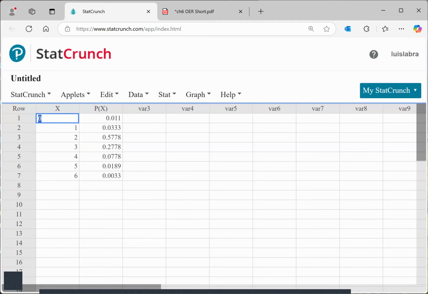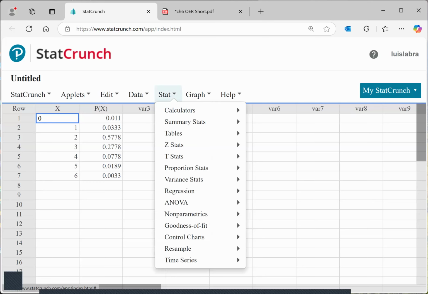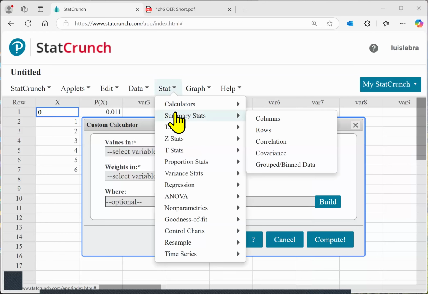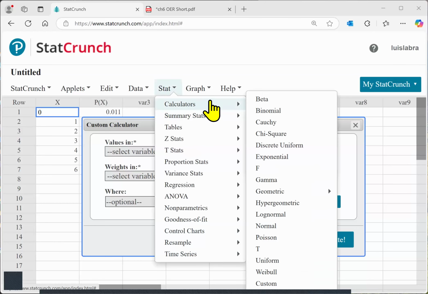And what we're going to do is go to the command Stat, Calculators, and then select Custom. Struggling here. Let me see. All right, so here it is: Stat, Summary, Calculator, sorry, and then Custom all the way at the bottom.